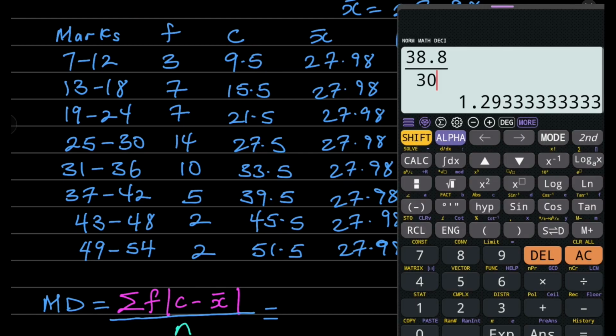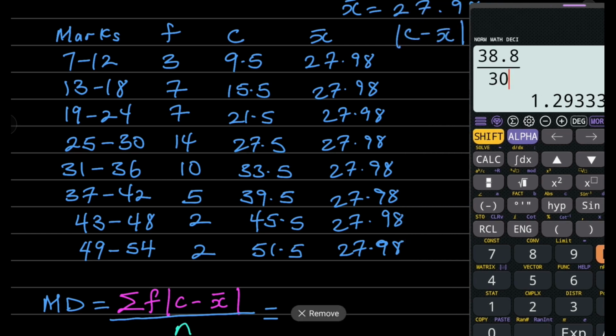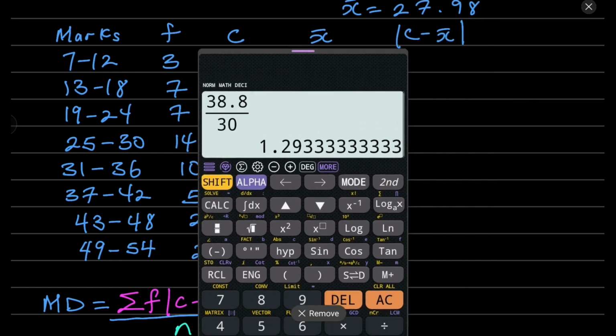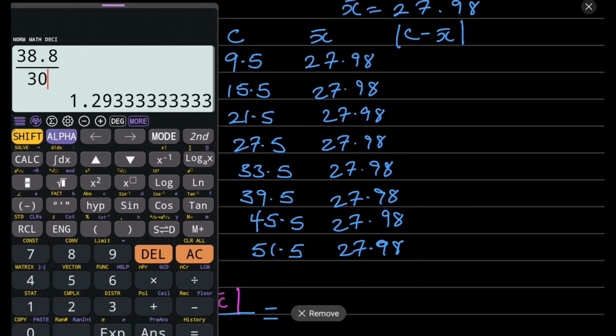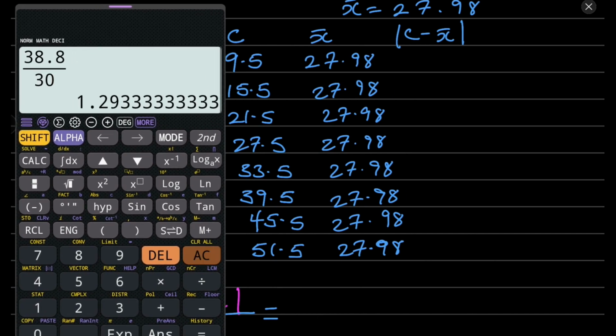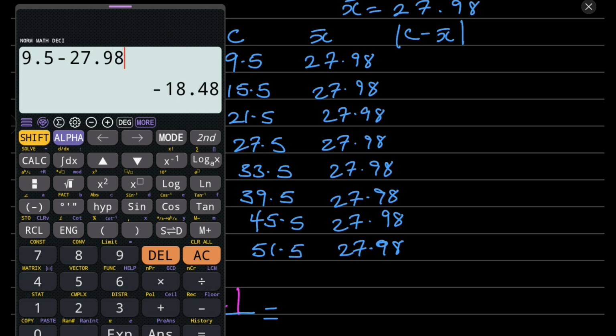So this will just mean all of this minus all of this, as simple as that. I'll calculate the first few. The first one would be 9.5 minus 27.98.